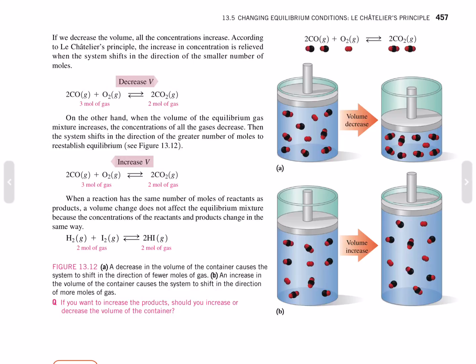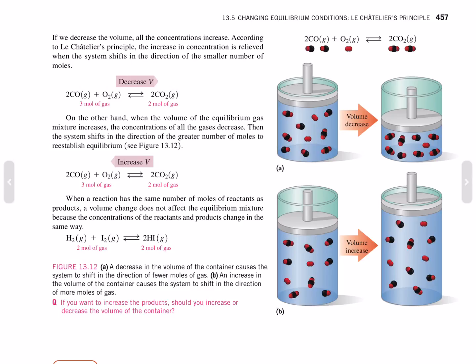On the other hand, when the volume of an equilibrium of gas mixture increases, the concentration of all the gases decrease. Then the system shifts in the direction of the greater number of moles to reestablish equilibrium.